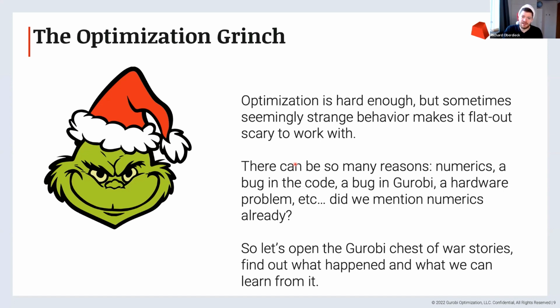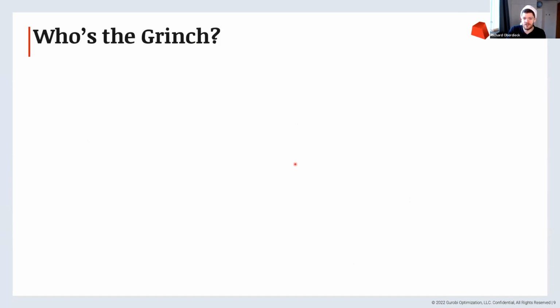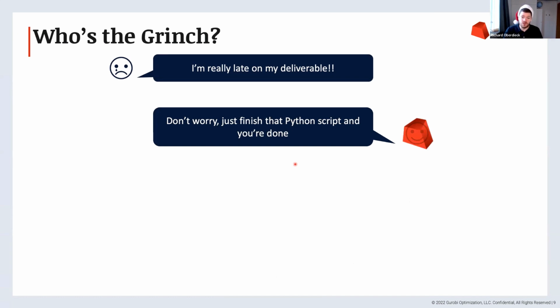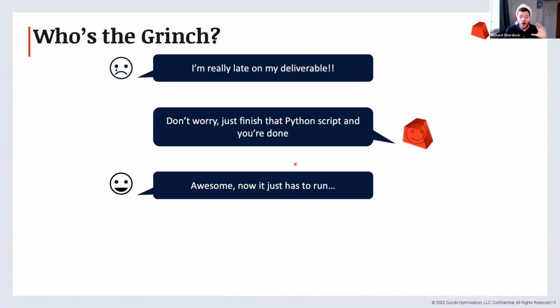So how does that typically come about? Who is this Grinch, and how does he raise his head? One common scenario is you sit there in front of your computer and you're really late on your deliverable. I really need to get this going. Gurobi tells you, don't worry, here in an example library, here's a script. You can get started. Awesome, I write this down, I put this in. All I need to do now is to get this to run.